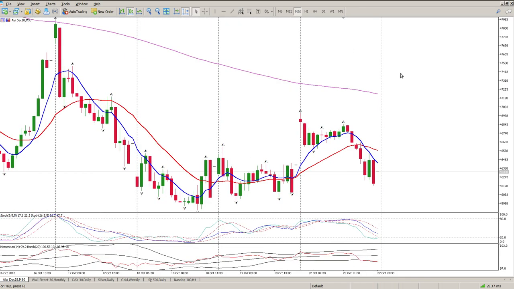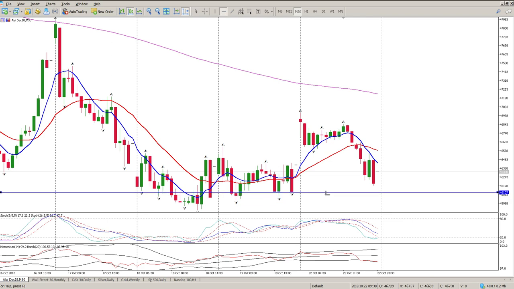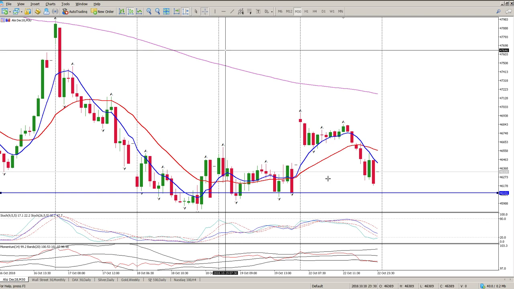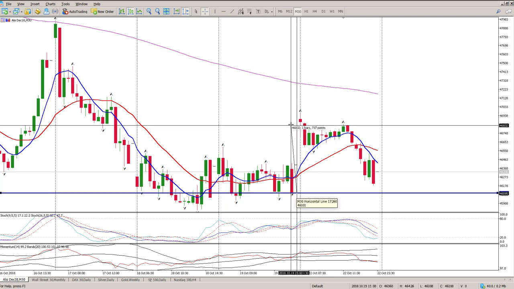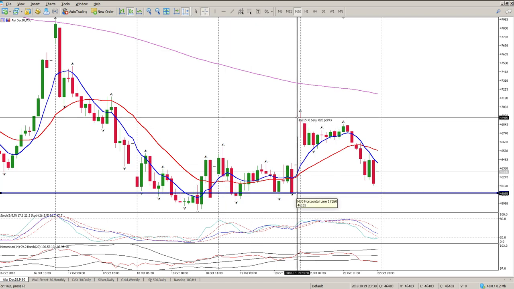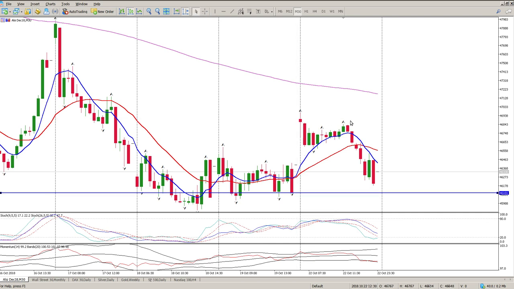Now, down to the half hour. First things first, we do have a gap coming up, which is pretty much there. Again, gap up, like I said yesterday, 800 odd point gap up, and then sideways and a retracement. For me at this stage, there's still nothing here to trade at the moment.